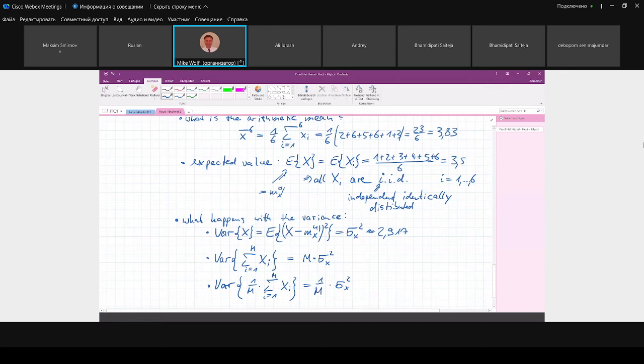And this is really interesting, because if we increase the number M, which means the length of our sequence, we decrease the variance of our arithmetic mean.